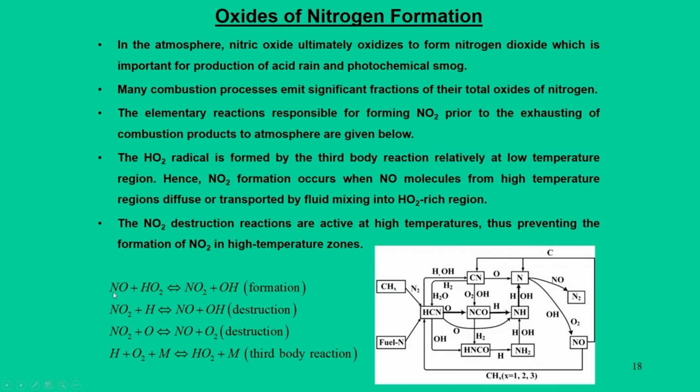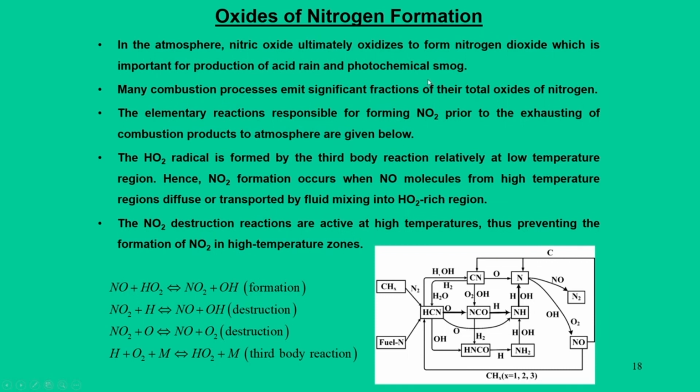So, NO plus HO2 can give NO2 plus OH. This is the NO2 formation process, and NO also gets destroyed through reaction with hydrogen. Then this NO2 also gets destroyed through oxygen, and this combination of processes happens in the atmosphere itself.